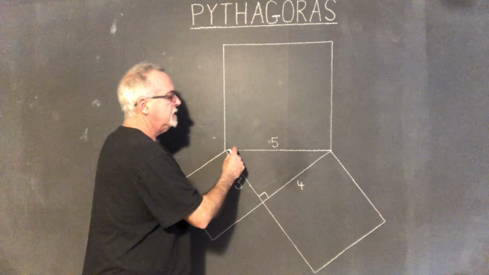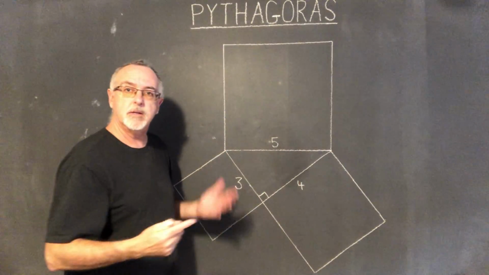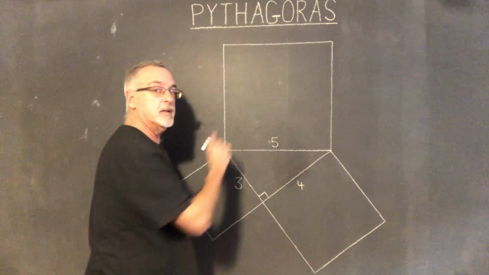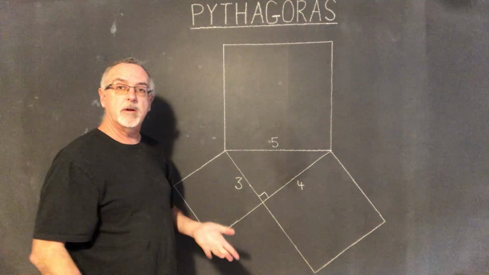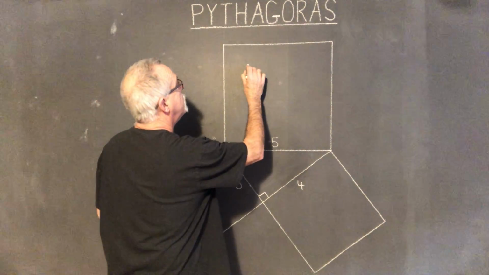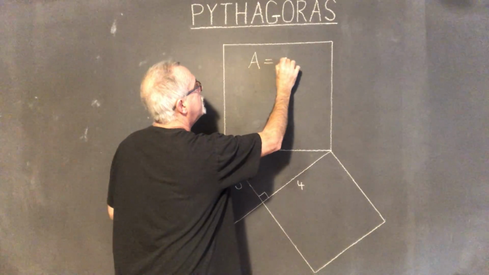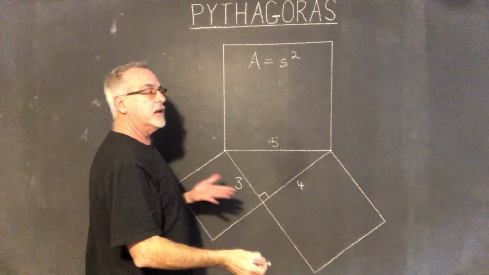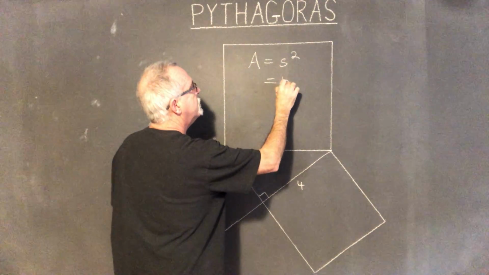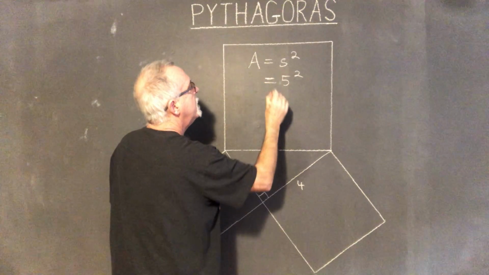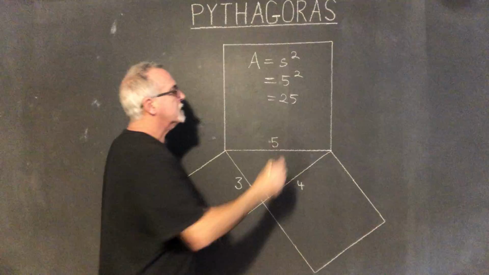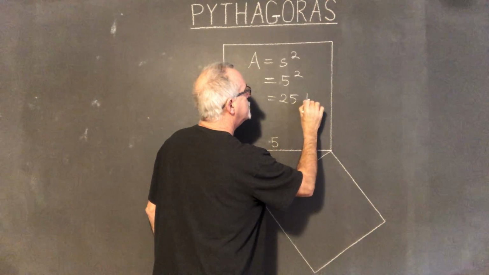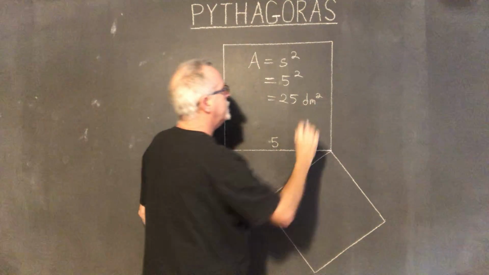If this line is 5 decimeters in length, and if this is a square, then we can find the area of this square very quickly using the area of a square formula, which is area equals s squared, side length squared. In this case, that means 5 squared, and that is 25. And it is square units, so I'll write decimeters squared.